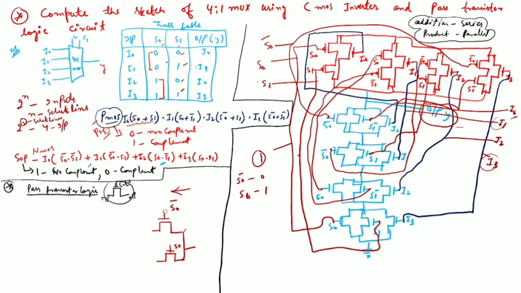Next is the S1 stage, this will move to this. This circuit I have only made to show how the pass transistor looks, so I don't need this here. I want to remove this from here.